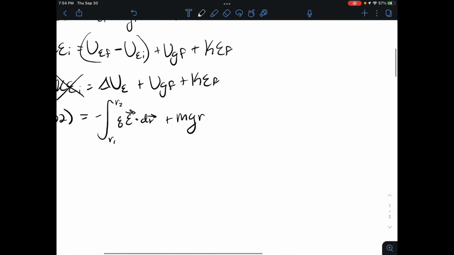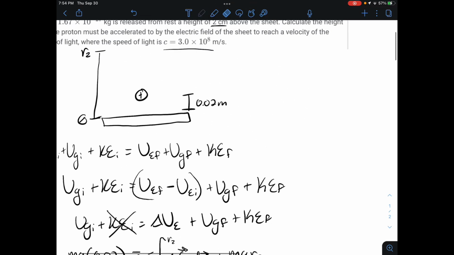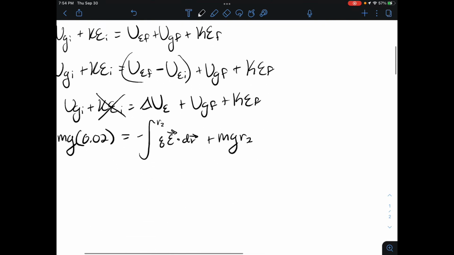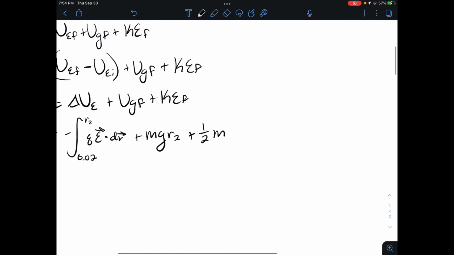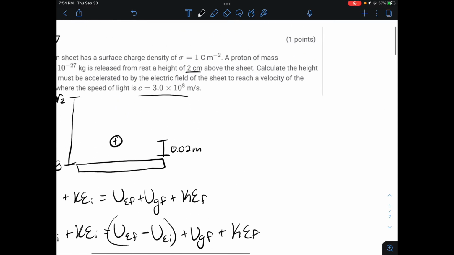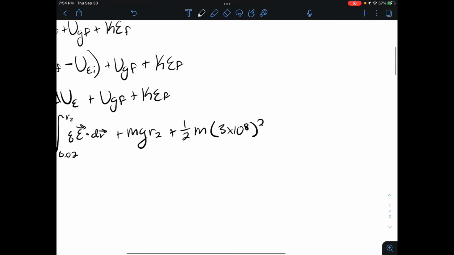And our R1 is where we're starting from, our 0.02 meters as well. And that's plus 1/2 m v final, 3 times 10 to the 8th, squared, because it was given in the problem that we're trying to get to that velocity.